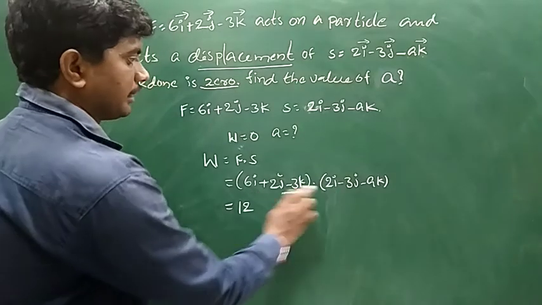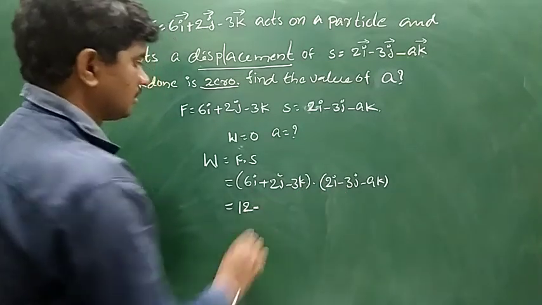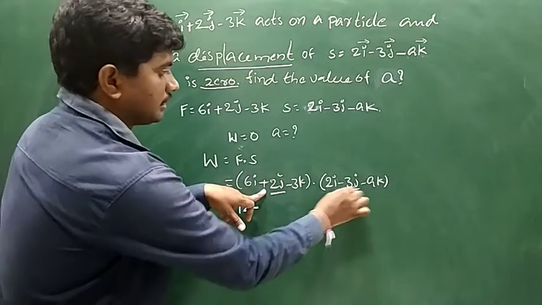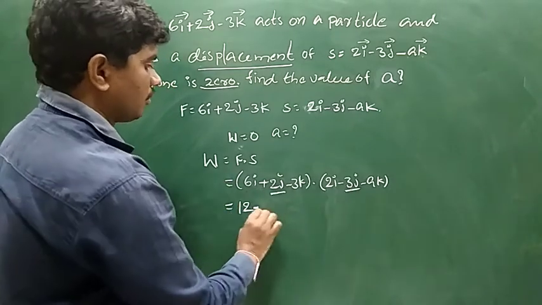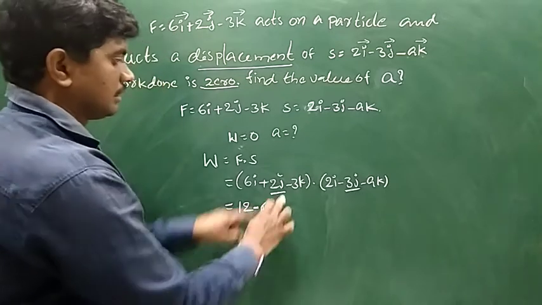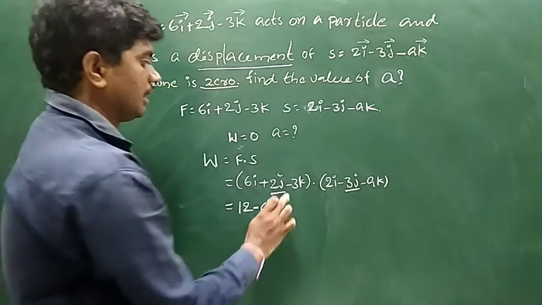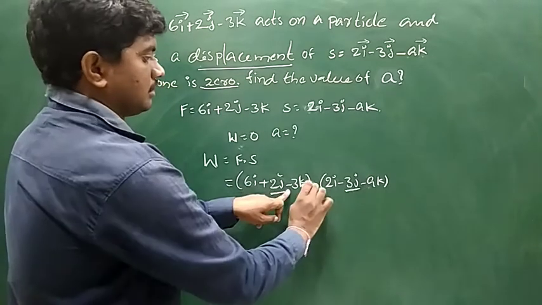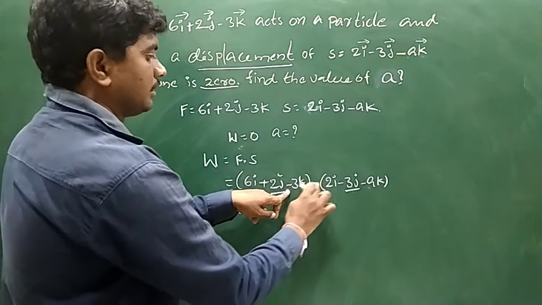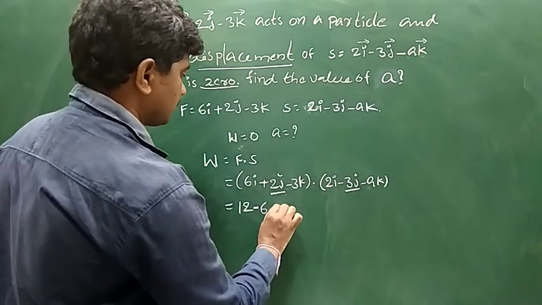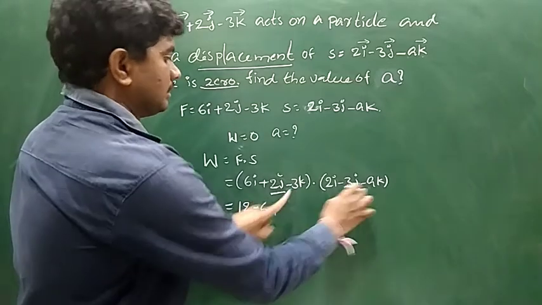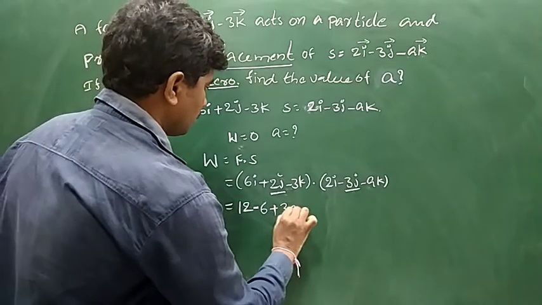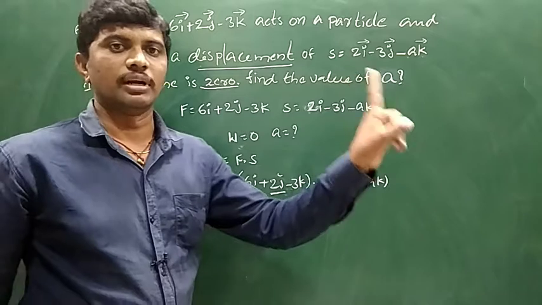Next, plus 2 into minus 3 equal to minus 6, j dot j is equal to 1. Next, minus 3 into minus a is plus 3a, k dot k is equal to 1.